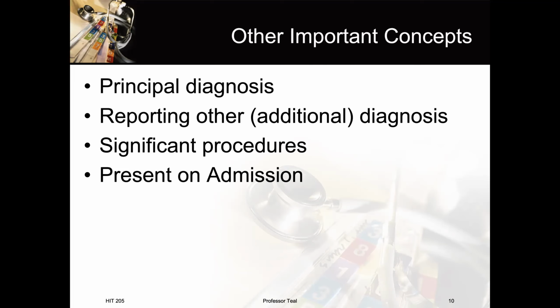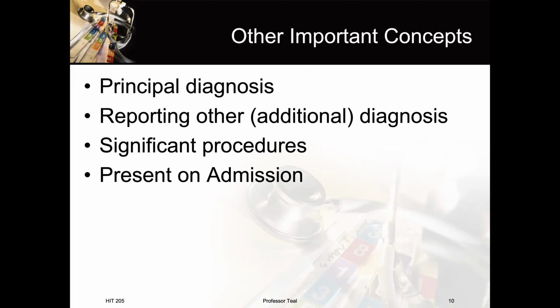So if it meets that criteria, you will always assign a procedure code. The principal procedure is one that was performed for definitive treatment rather than one performed for diagnostic or exploratory purposes, or was necessary to take care of a complication.